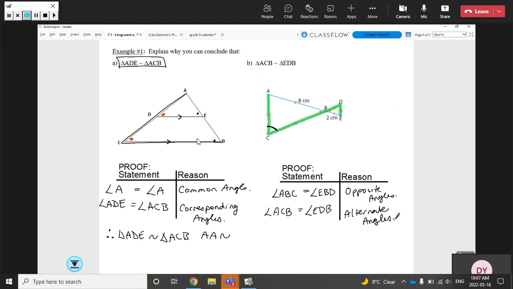So I suppose we could say, okay, therefore, triangle ACB is similar to triangle EDB because of angle-angle similarity. Good with that? Really, just looking for two equal angles.